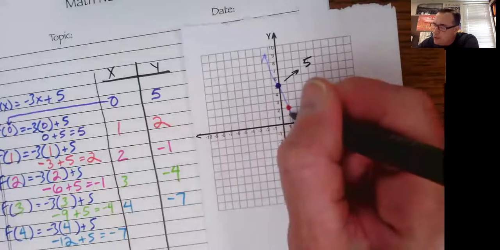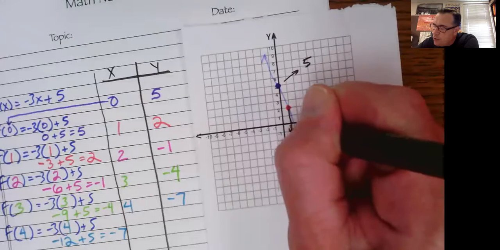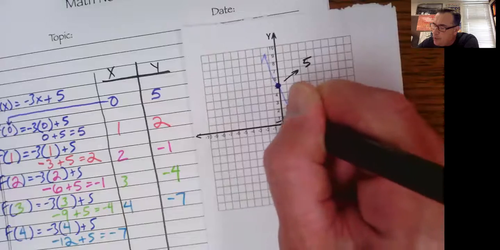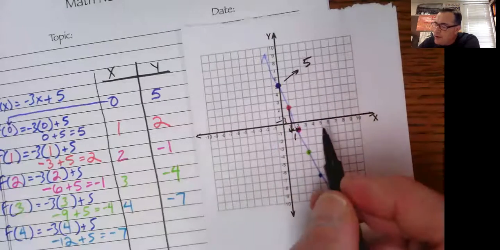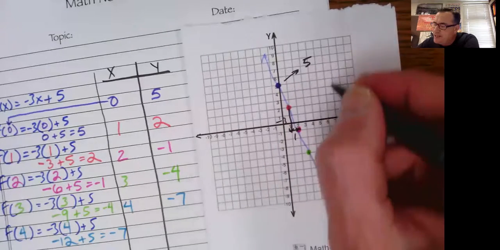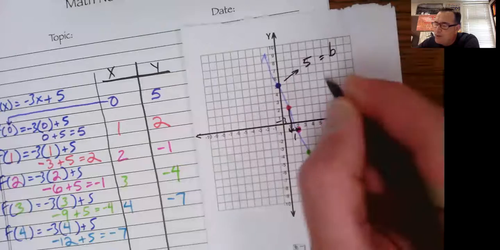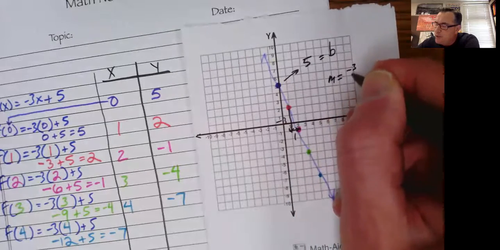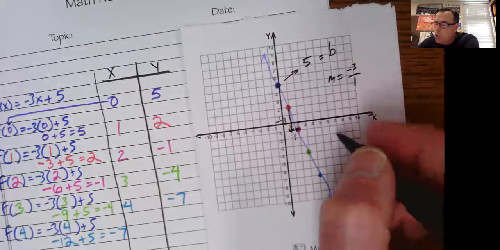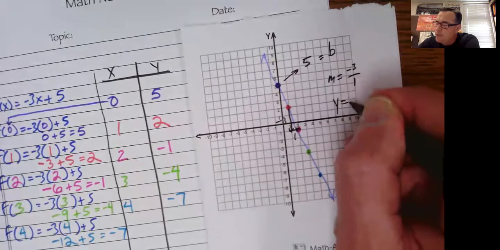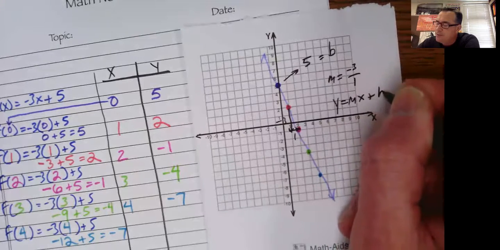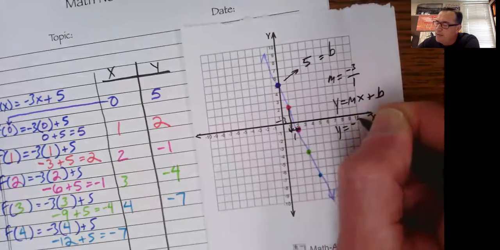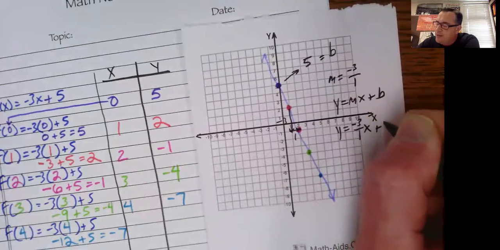And our slope, if we look at it, we go down 3 and over 1, negative 3 over 1. So that means that our y-intercept is 5. Our slope is negative 3 over 1, which means our equation is y equals mx plus b, or y equals negative 3 over 1x plus 5.